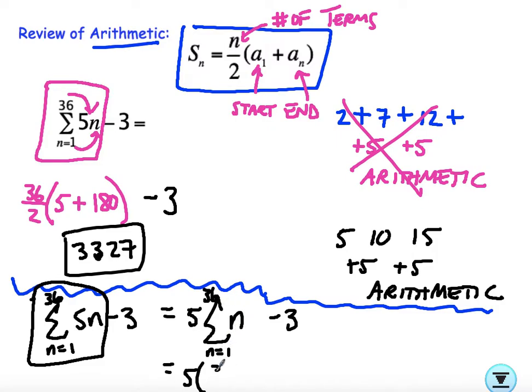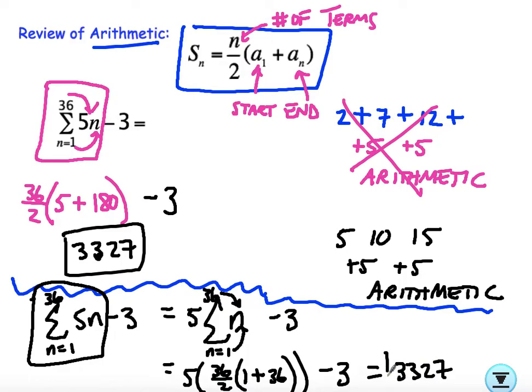So I still have 36 terms, so 36 divided by 2. My starting term is what I get when I plug in a 1. My ending term is what I get when I plug in a 36, and it's just an n, so plugging in a 36 would be 36. And then after I do all of that and I multiply by 5, then I'm going to subtract the 3. And if you type that into your calculator, you also get 3,327.